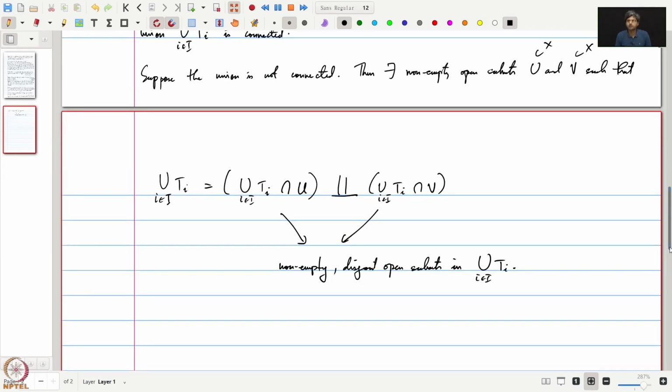Okay. So now, let us fix this element A. The idea is the same as in the earlier lemma. We fix this element A, right? So now we can intersect both sides with Ti.